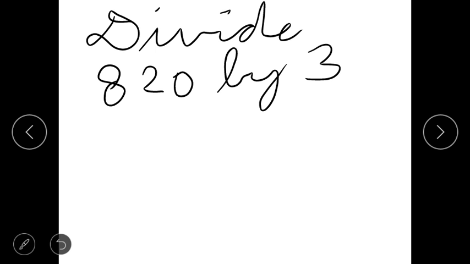You have to write it in your copy neatly. I am erasing and doing it. So this heading, you have to write as a heading in the copy. Now we'll do the division.